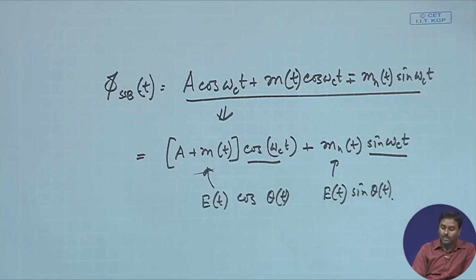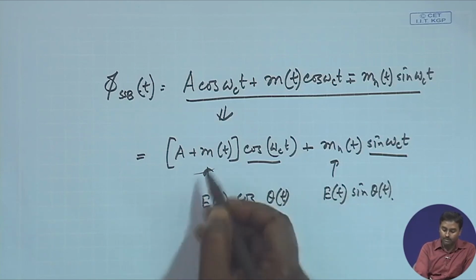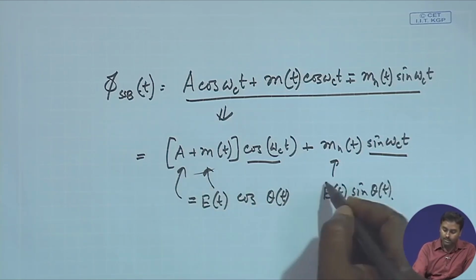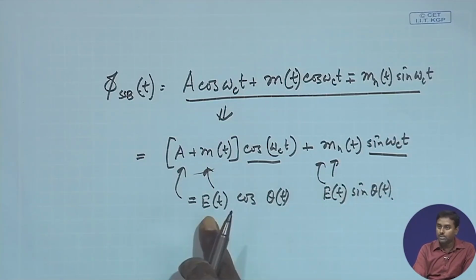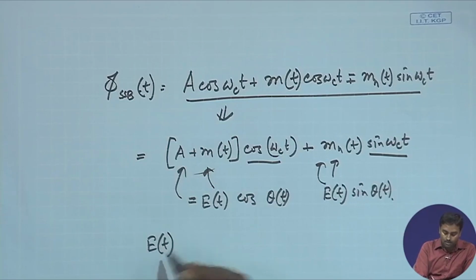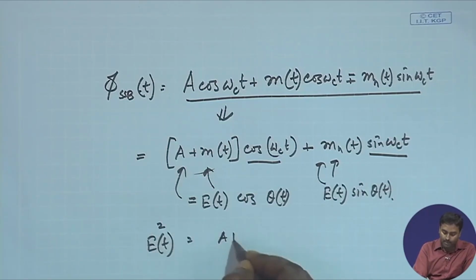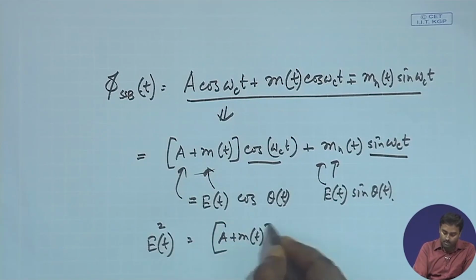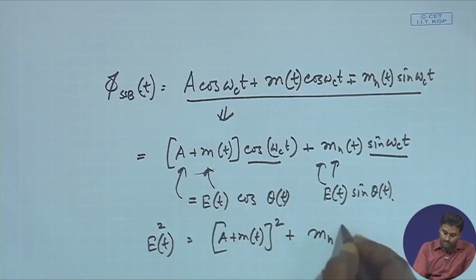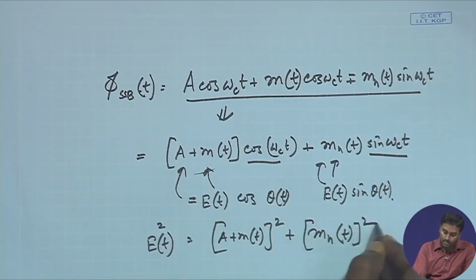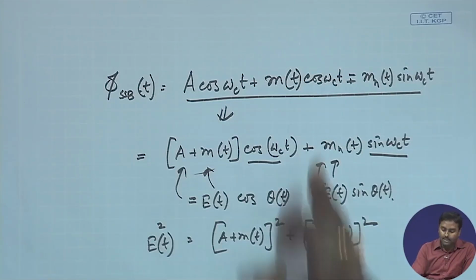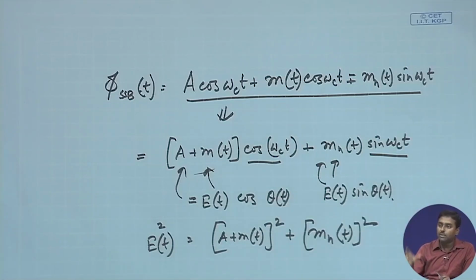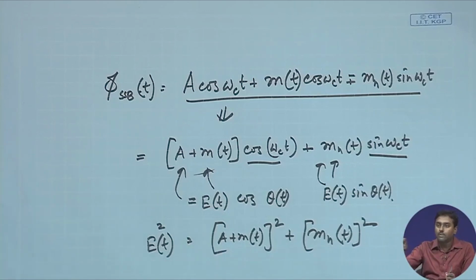What will be the E(t)? If this is equivalent to this, and this is equivalent to this, if I square and add, that should be E square(t). Therefore, E square(t) should be (A plus m(t)) whole square plus m_h(t) whole square. What does that mean? That means the same signal I can represent as a cosinusoidal signal, and this E(t) becomes the envelope of that cosinusoidal signal.